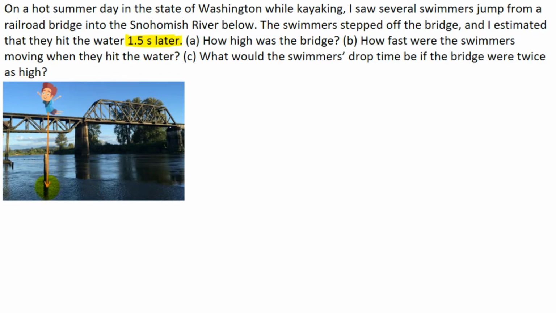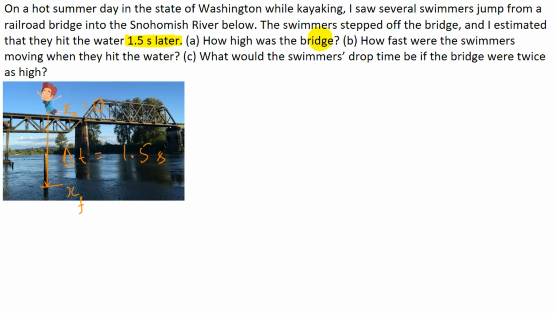They jump into the river, and let this be the initial position x0 equals 0, and let this be the final position xf. The time taken to cover this distance, delta t, is given to be 1.5 seconds.